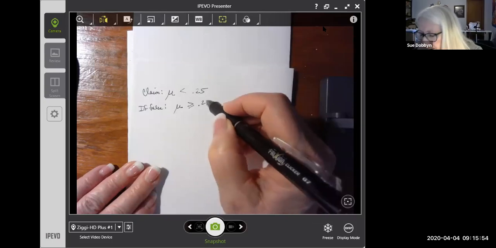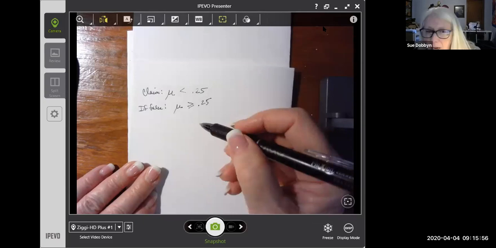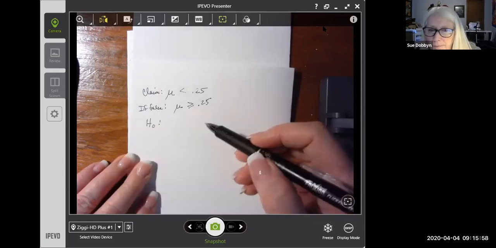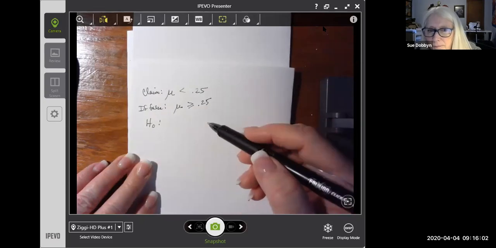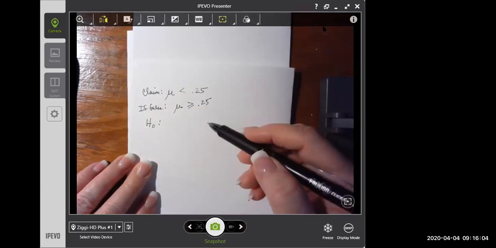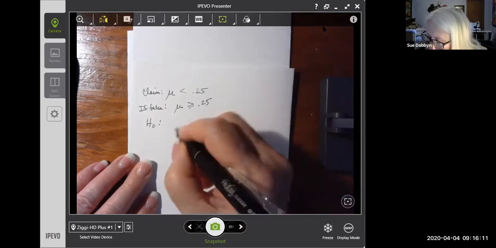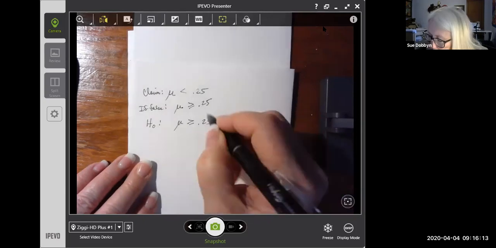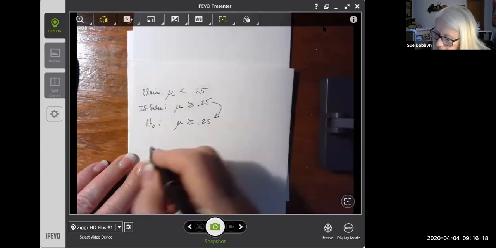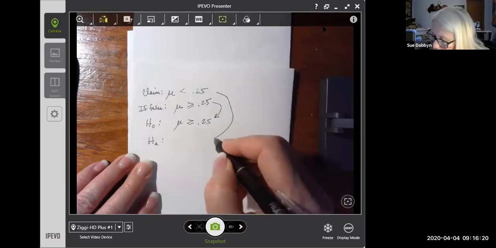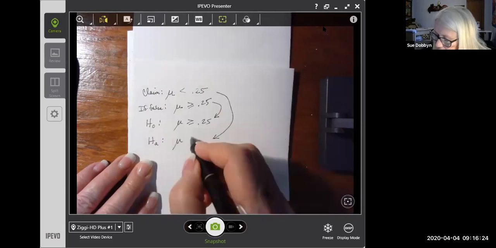So which one of these two statements becomes the null hypothesis? The if false statement. Yeah. Because the null hypothesis is the one that contains equality. And that leaves the claim to become the alternative hypothesis, which makes this a left-tailed test.